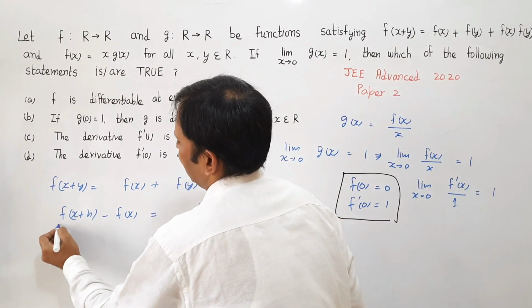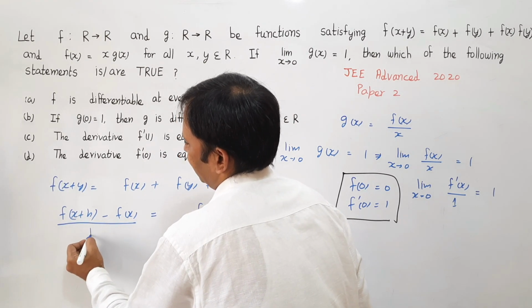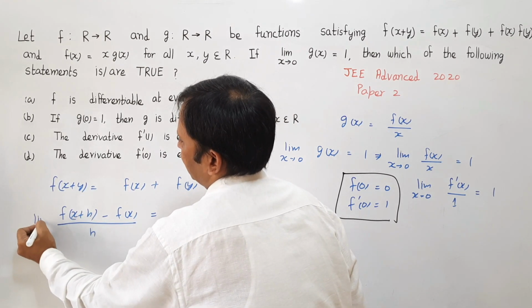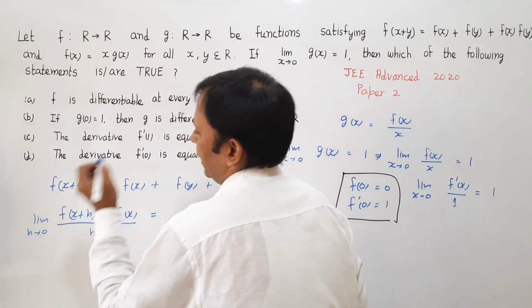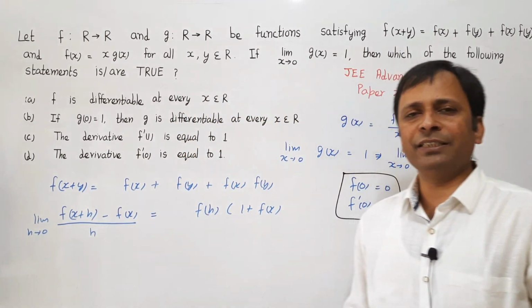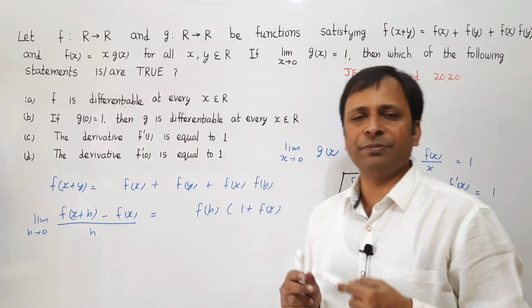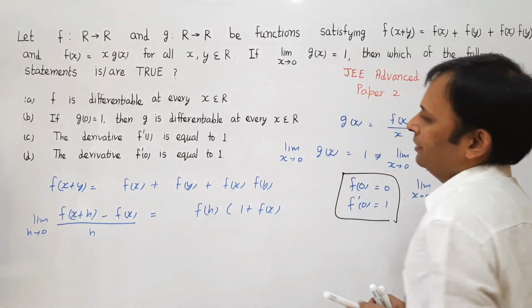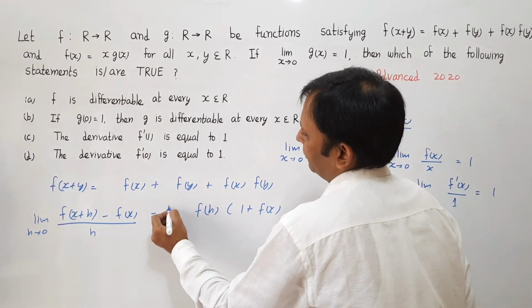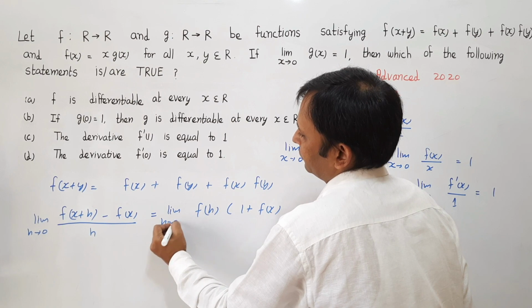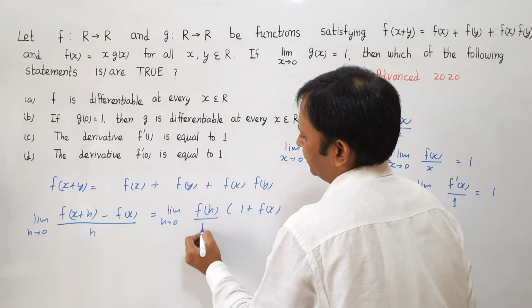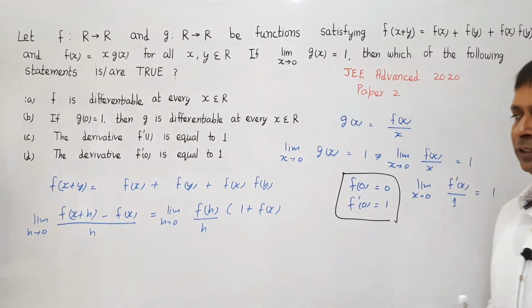Because this will give me f'(x) on the left hand side. We know that when h approaches 0, [f(x+h) - f(x)]/h is nothing but f'(x), and here also I will take the limit h tending to 0. I have divided by h on both sides, so here also I will divide by h.